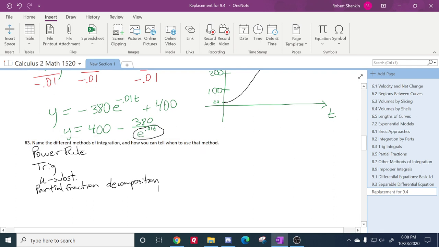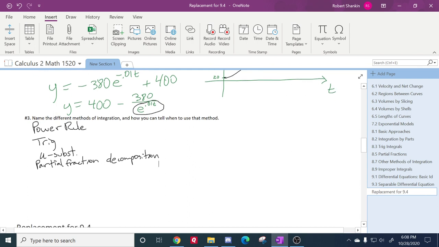We integrate, but I'm not going to put it in this list though, because I'm focusing on the chapter 8 concepts right now. But I'm glad you brought that up. Okay? And can anybody think of another? Improper integrals. Anything else?